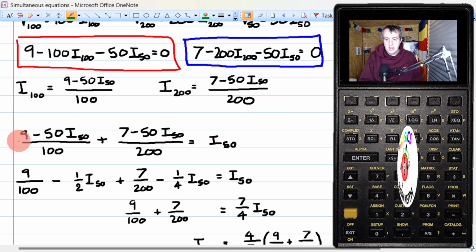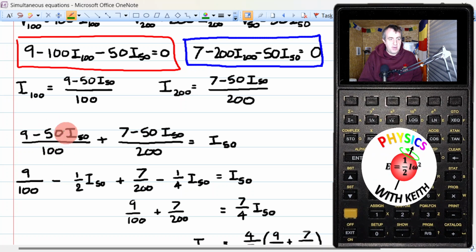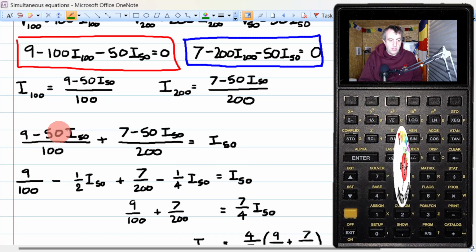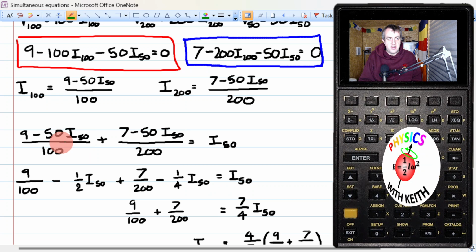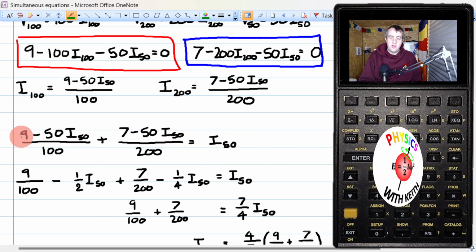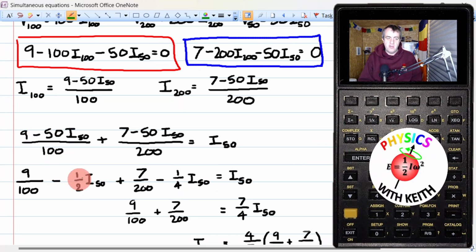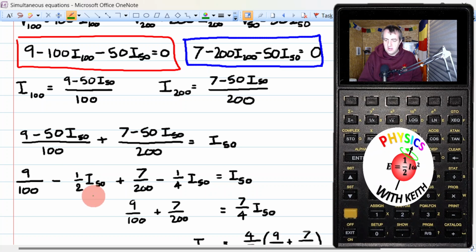So you can see that here. This is the I100, sorry, this is the I200, and add them together you get I50. And the rest is just algebra. So 9 divided by 100, subtract 50 divided by 100. Well, 50 divided by 100 is just a half, so I just changed that.